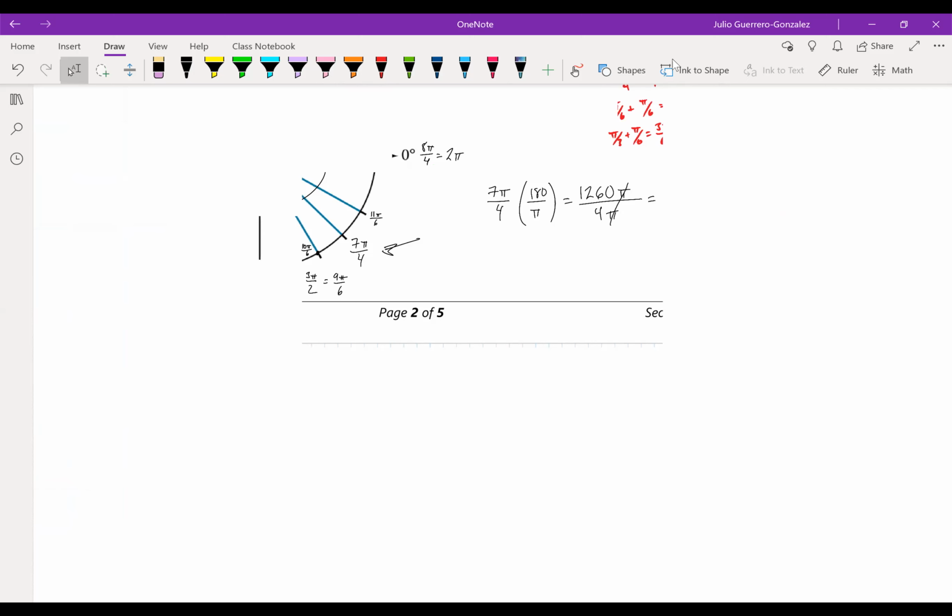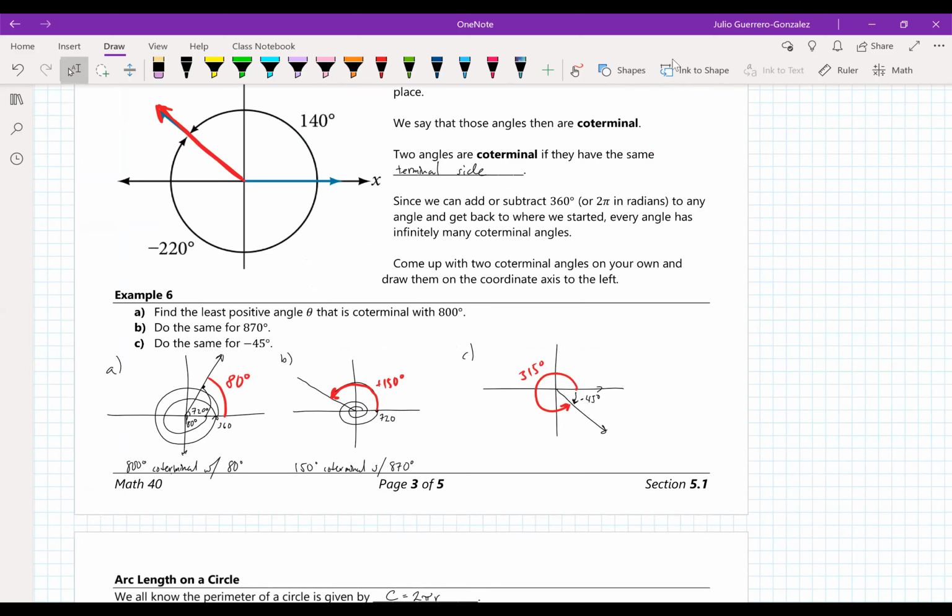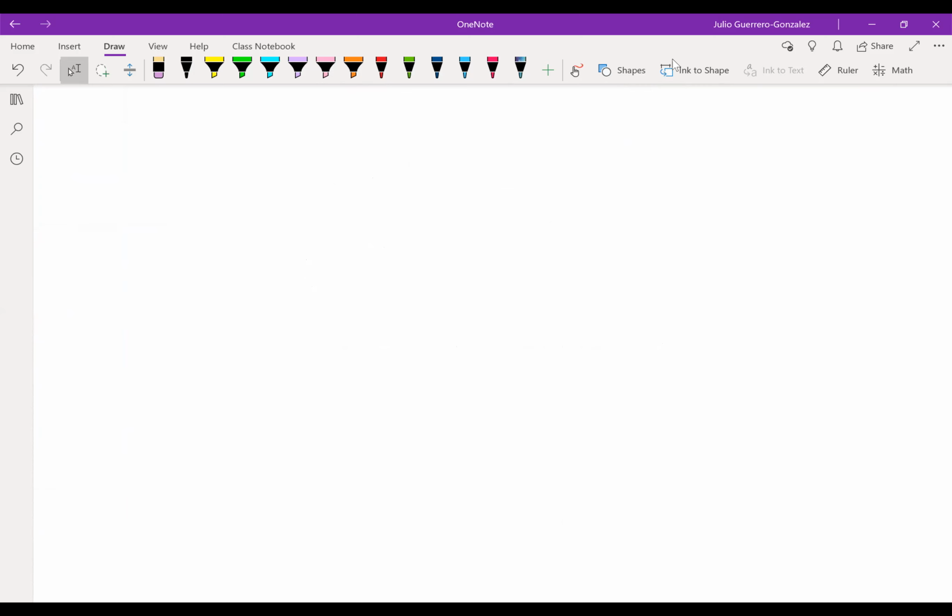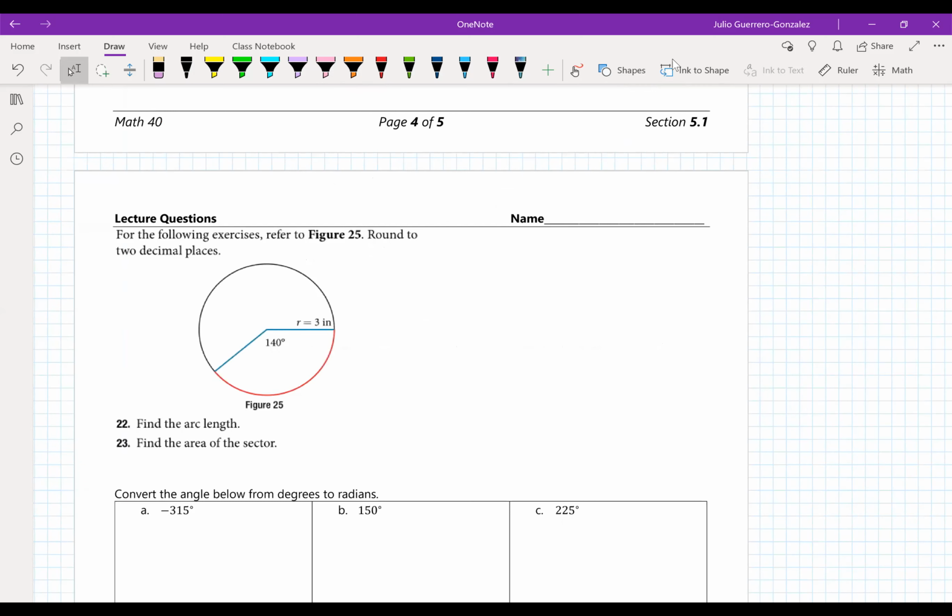I think we want to multiply it by 3. 7.3303 is what you're supposed to get for 22. 7.33. How? What did you multiply?